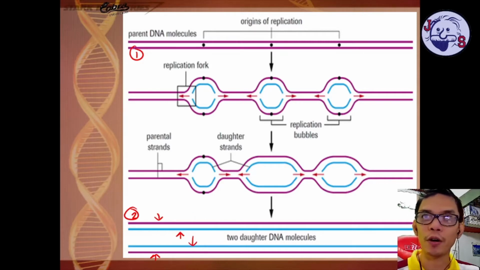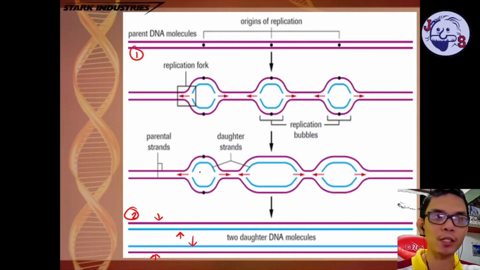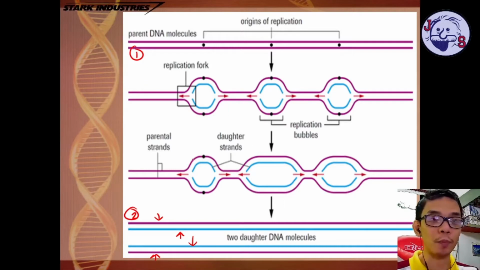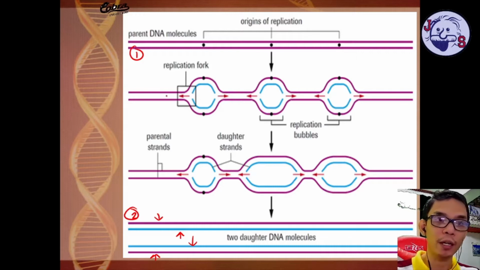In order for this process to work, there are a lot of things that are needed, which I will show you later. The most important thing that we have right here is the replication process itself. So we have here the replication fork. The directions are always opposite to each other, one from the left and one from the right side.